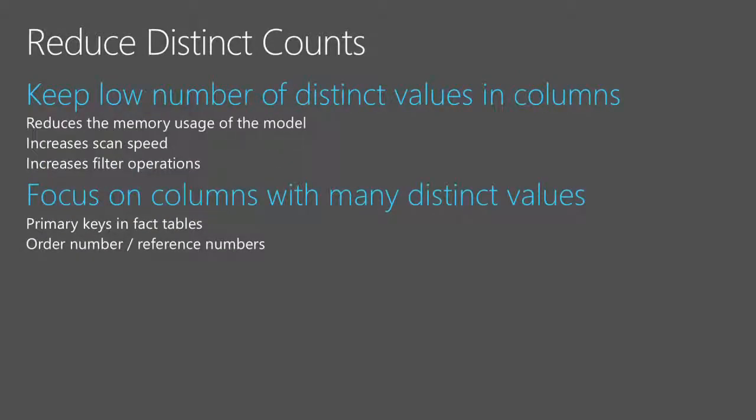Another important thing, reduce the distinct counts. When I approach a customer and the customer says, oh, we have 20 gigabytes in our database, I don't care. We have 2 billion rows in our fact table, 10 billion rows in our fact table, I don't care. But when I know that they have 30 million unique customers, I'm worried.